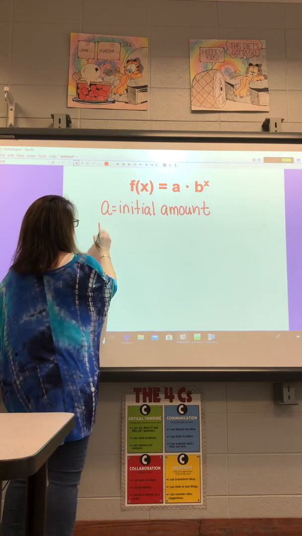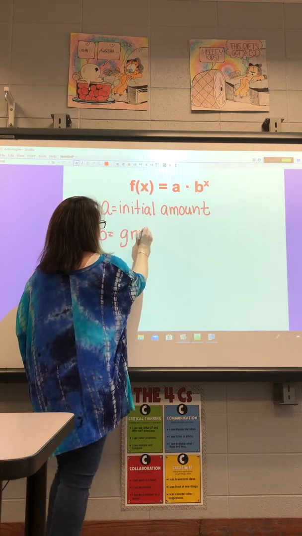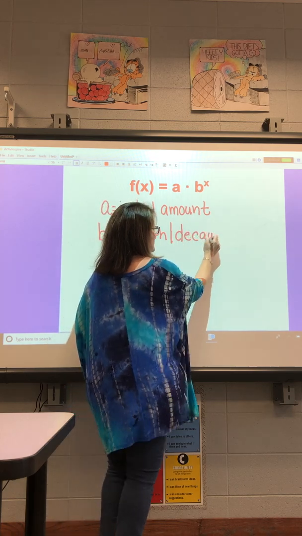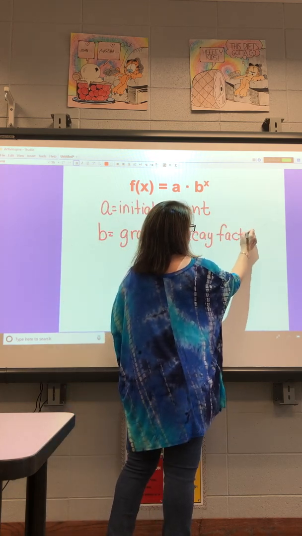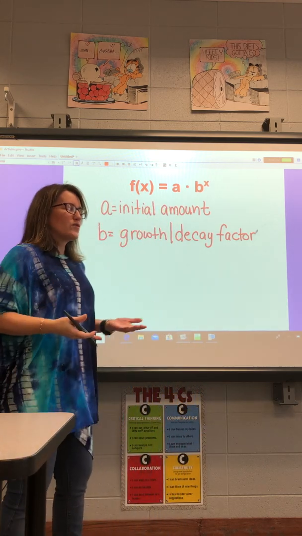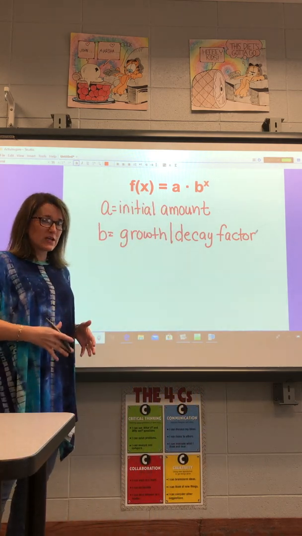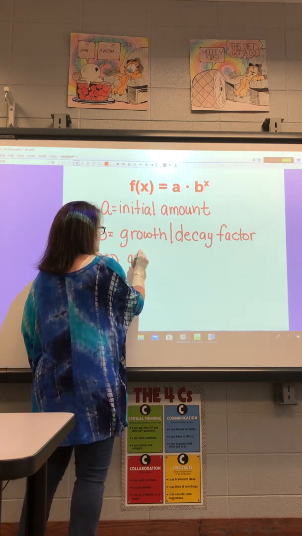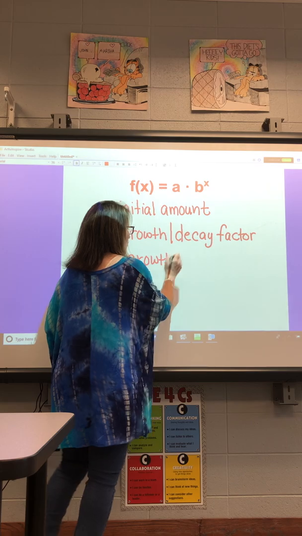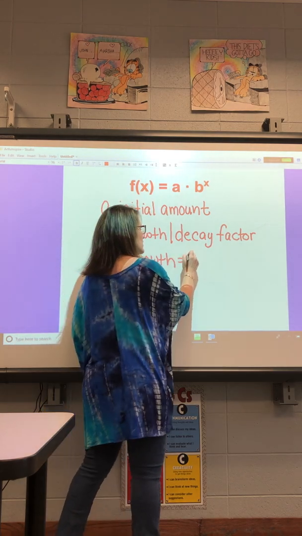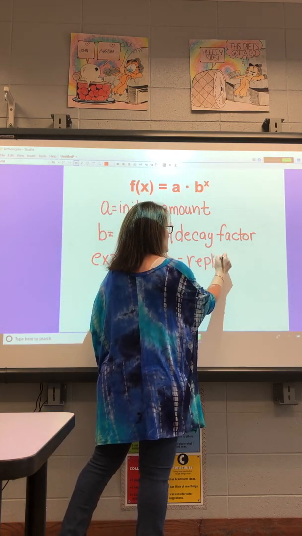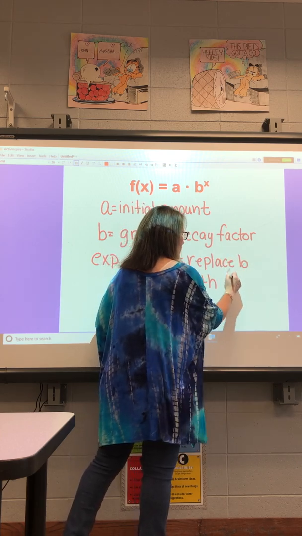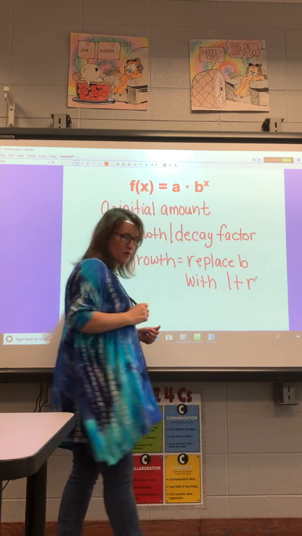Now B, this is going to be your growth or your decay factor. Okay? So if you're dealing with exponential growth, what you will do is you will replace B with 1 plus R. Okay?